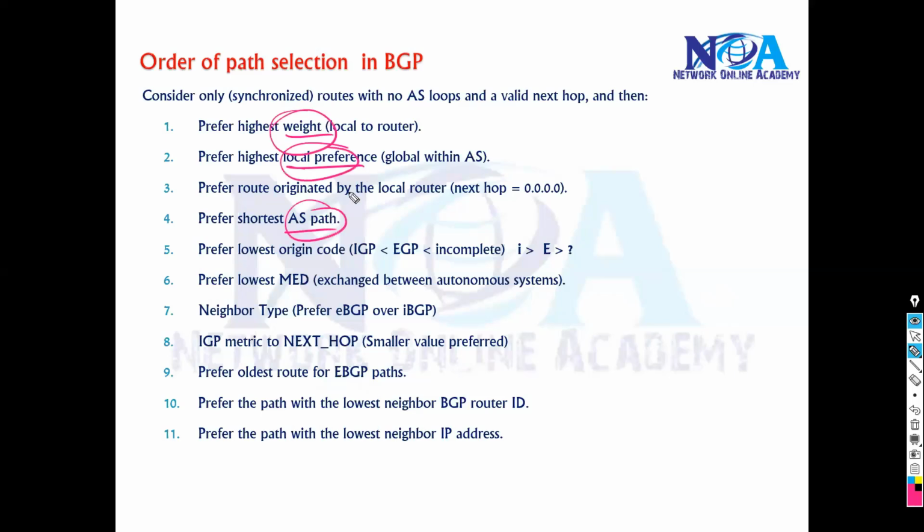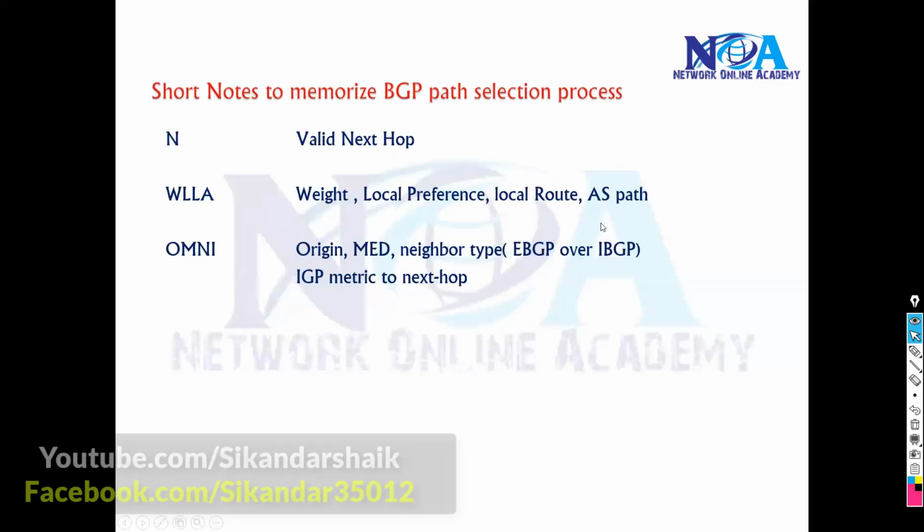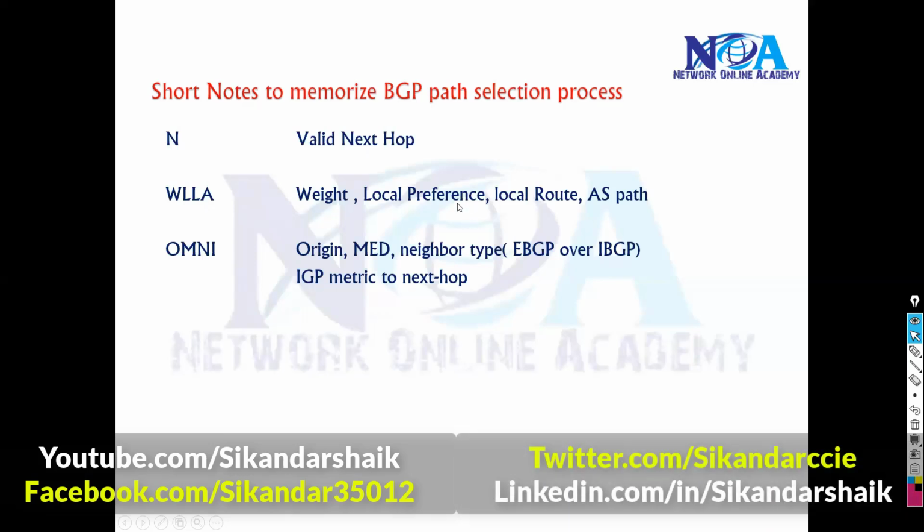What attribute is deciding that particular route should be identified, because you might implement multiple attributes in some scenarios, but at the end you have to know which one is more preferable over the other attribute. So the same thing here, if you just wanted to memorize a shortcut, you can use this to remember the order for the BGP path selection process.